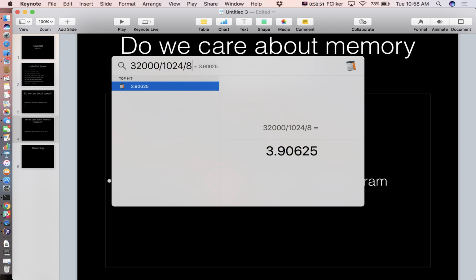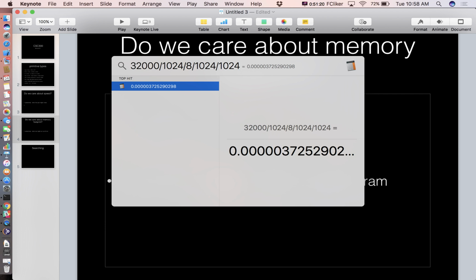Now we're at kilobytes, right? So 3.9 kilobytes. Divide that by 1,024. Now you're at megabytes. Divide that by 1,024. Now you're at gigabytes. Inconsequential when you deal with the amount of RAM that's in our machines today, right? We don't care.